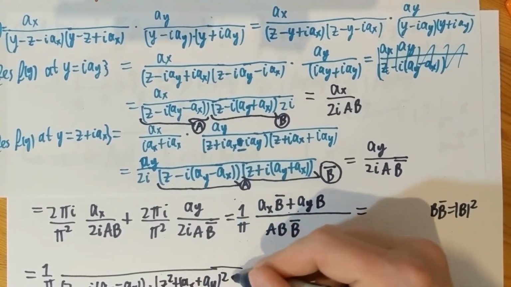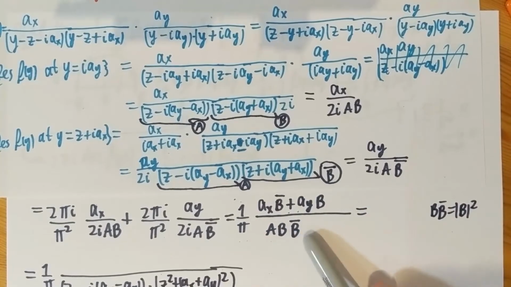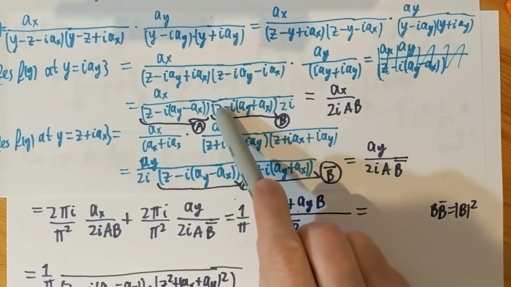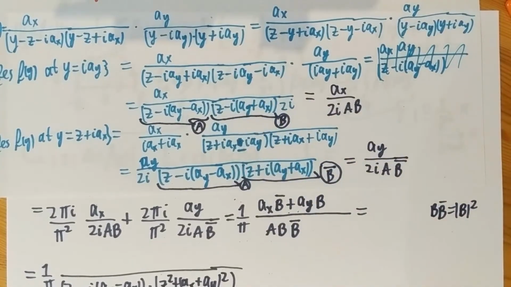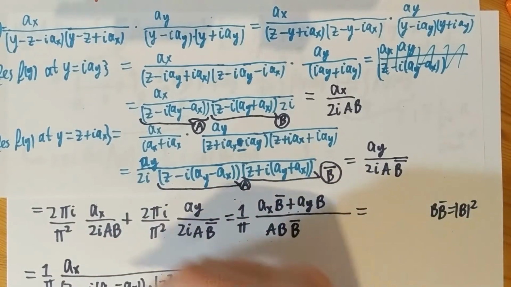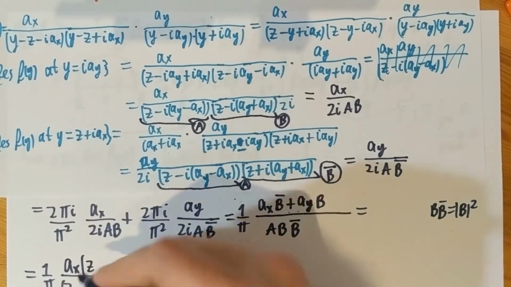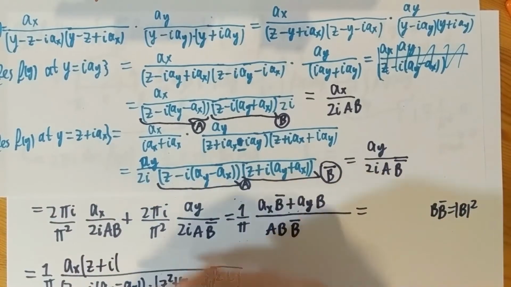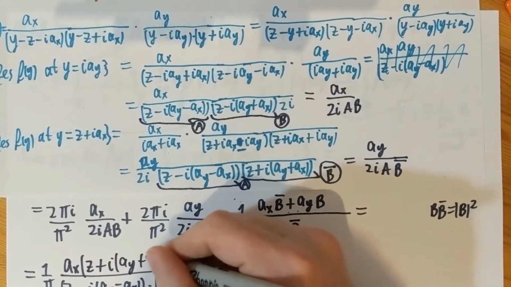This is B bar B, or the mod square of B. Real part, imaginary part squared, added together. Okay, and then I need to put here ax times B bar. Here is B bar. So z plus i ay plus ax.